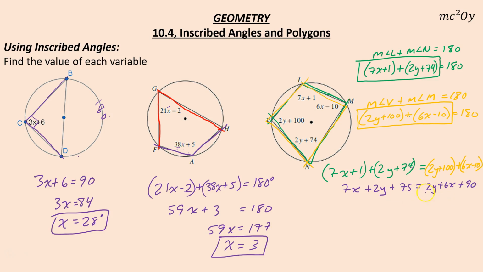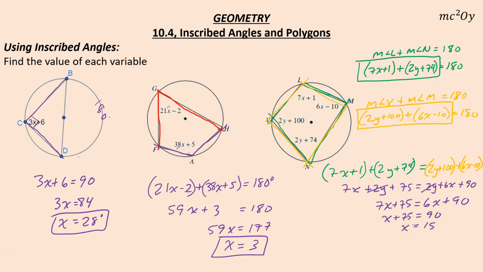And I look at this and I go, I'm going to collect all my y's on one side. Well, when I subtract these two y's over, they cancel these two y's. So I'm now left with 7x plus 75 equals 6x plus 90. Subtract 6x, I get x plus 75 equals 90. Move the 75 over, x is equal to 15.